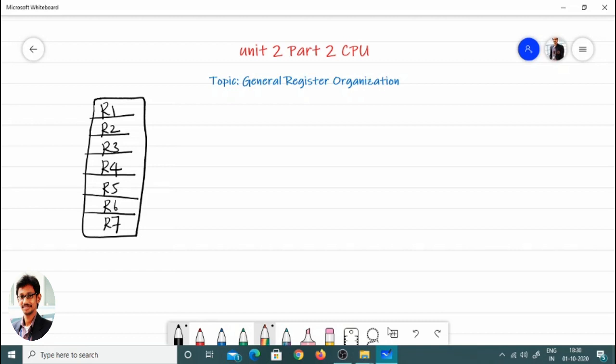Now we take the ALU that performs 32 operations. Since it performs 32 operations, there is a requirement of 5 input lines.